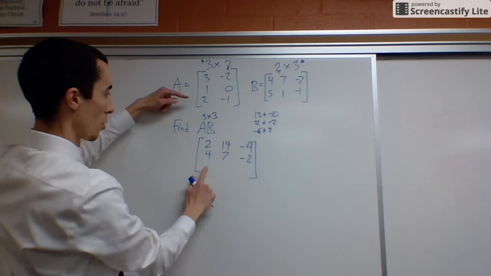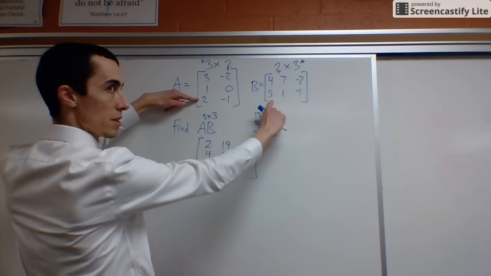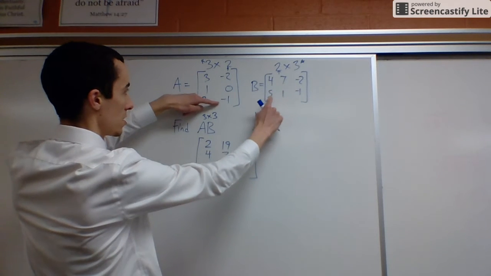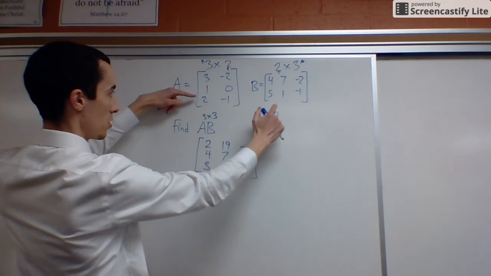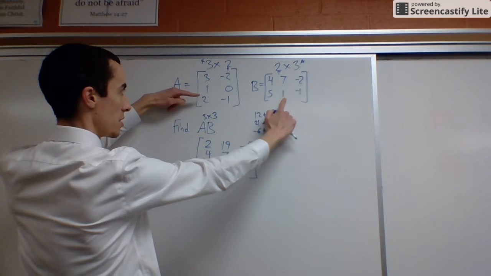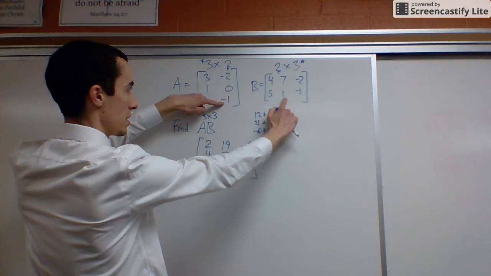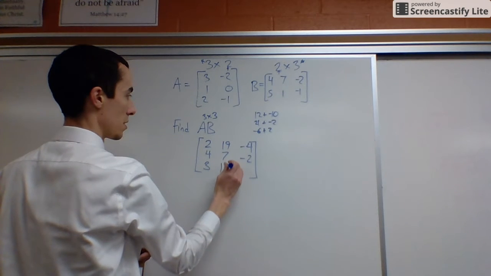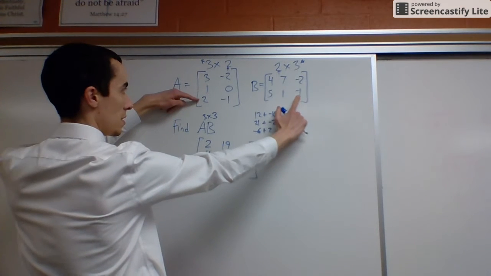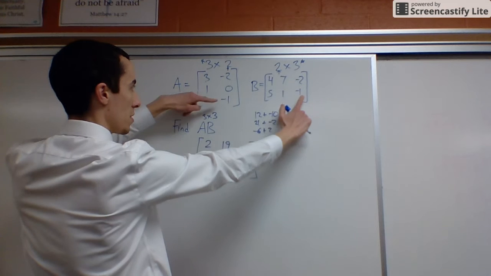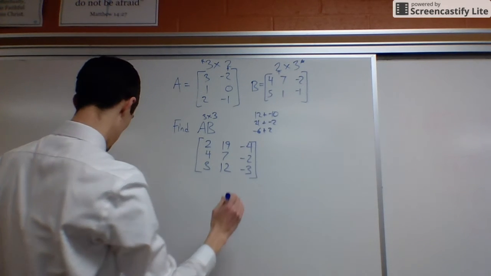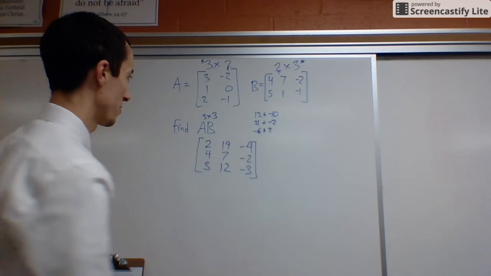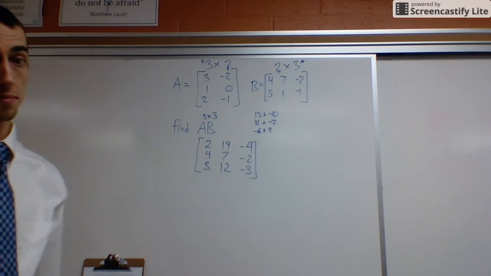Last one, row 3, column 1: 8 plus negative 5. Row 3, column 2: 14, negative 2. Negative 4, positive 1. And so we've got our product, AB.